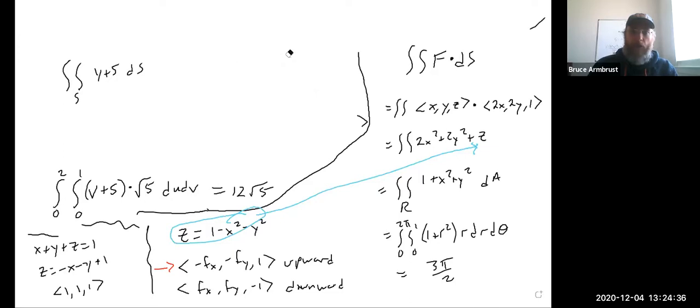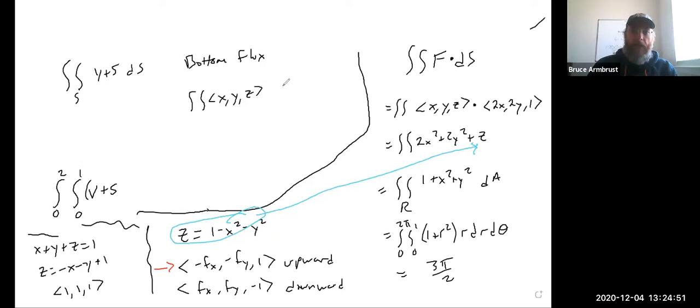Suppose we had decided to look at what the flux is through the bottom surface. We're going to be integrating x, y, z dotted with 0, 0, minus 1. And it's 0, 0, minus 1 because it has to be pointing outward. If we've got that bowl with the bottom, that bottom vector is pointing down, right?